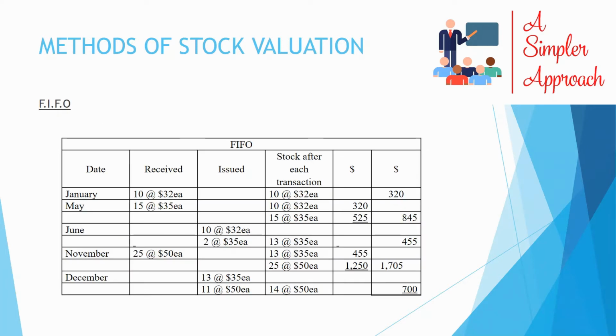This is what the FIFO method looks like. So we have date, received, issued, stock after each transaction, and two number columns, two amount columns. Number one, you always follow the natural month order of the year.